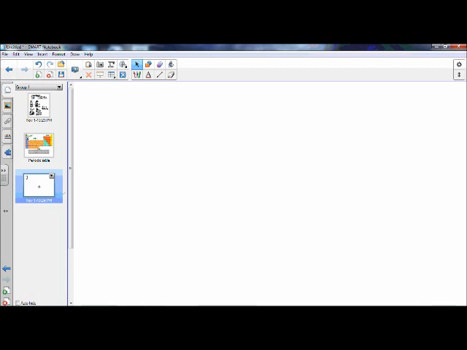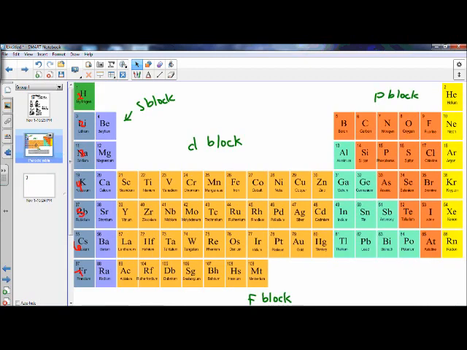What you'll focus on for your test is writing out not the orbital diagrams, but the electron configuration. Electron configuration is simply a listing of all the electrons in a particular element, and it shows what energy level those electrons are on, which orbital type they're in, and how many are in each of the different orbitals. We use our periodic table to actually do this. So we're going to start here with hydrogen.